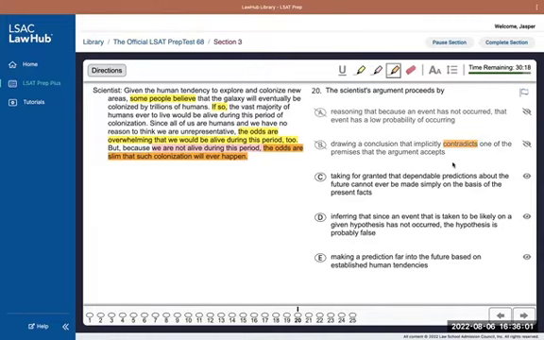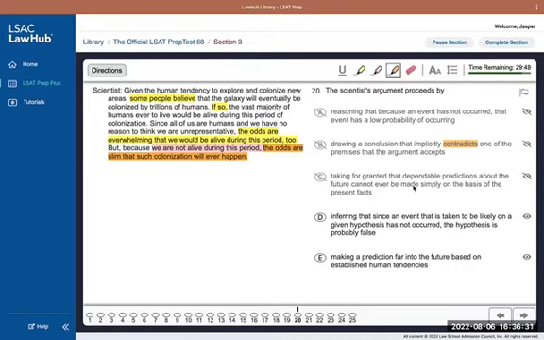C, takes for granted that dependable predictions about the future cannot ever be made simply on the basis of the present facts. No, they actually make a prediction of their own. So they're not assuming that we can't make predictions because they predict that the odds are slim that such colonization will ever happen. They're not withholding judgment on that prediction. They come up with their own as well.